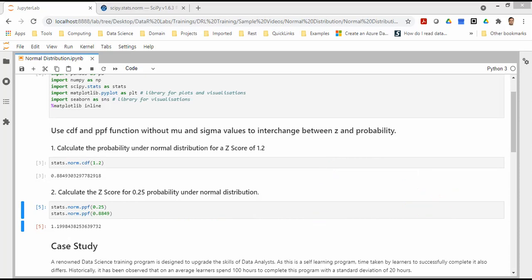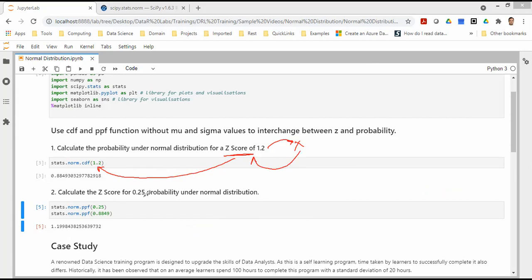So let's move back to our problem and let's see what it means. Given this 1.2 Z score, if I had an X value corresponding to this and not a Z value, all I had to do is convert the X value into the Z score and then feed it to my function CDF.